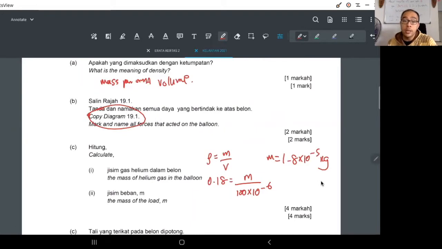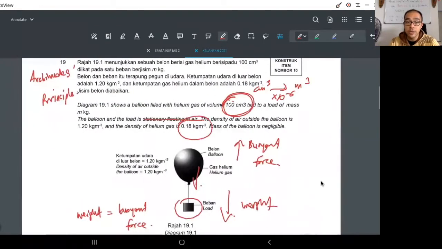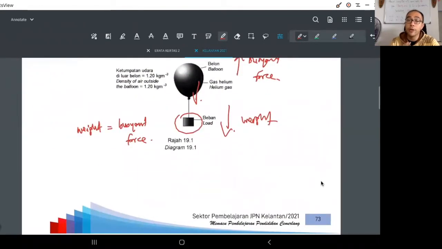Now, you will need to calculate the mass of the load, because that's the one that you don't know. So let's consider the original equation. The weight is equal to the buoyant force.